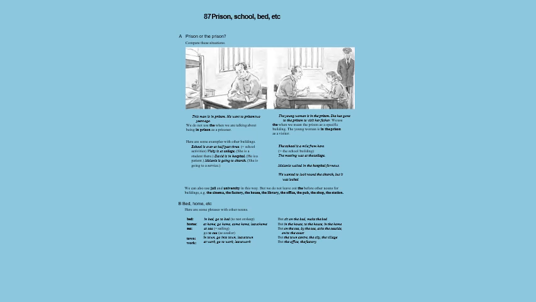Now look at the second picture. The young woman is in the prison. She has gone to the prison to visit her father. We use the when we mean the prison as a specific building. The young woman is in the prison as a visitor.